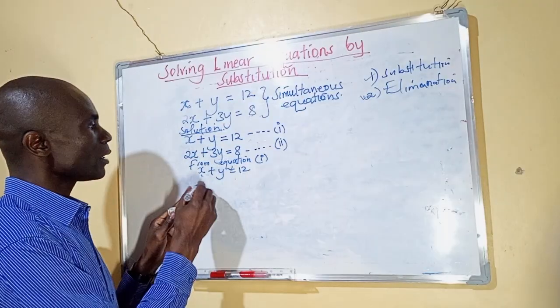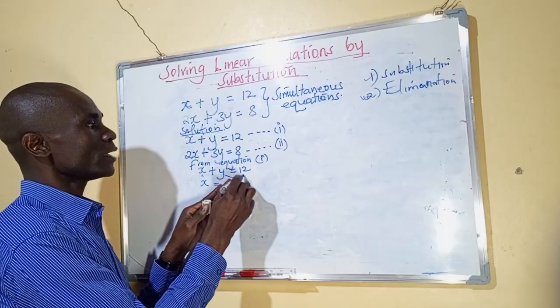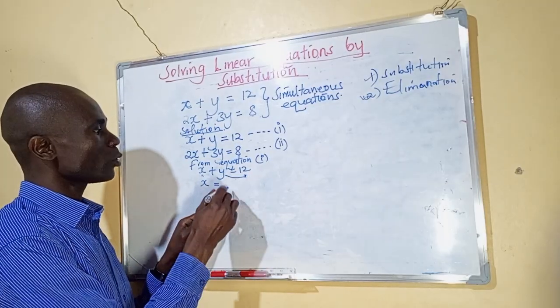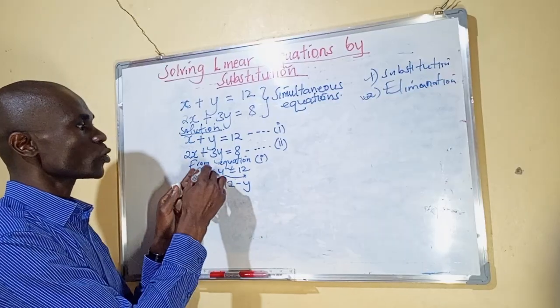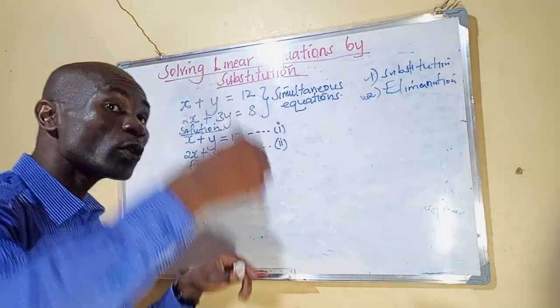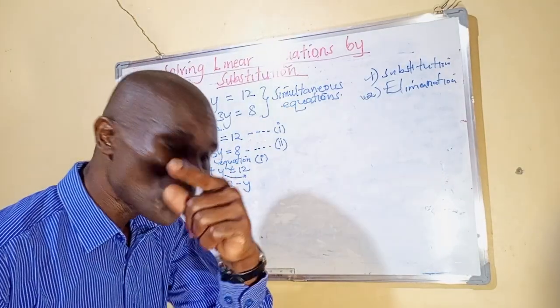So what do we come up with? We say x is equal to 12, with y taken to the other side of the equal sign. Then this one we have to subtract, because for us to remove y here, because it was added, we have to subtract it on both sides. I hope you're getting it.